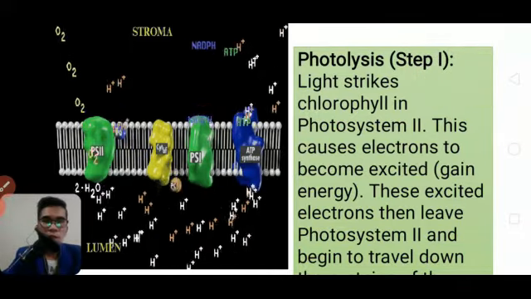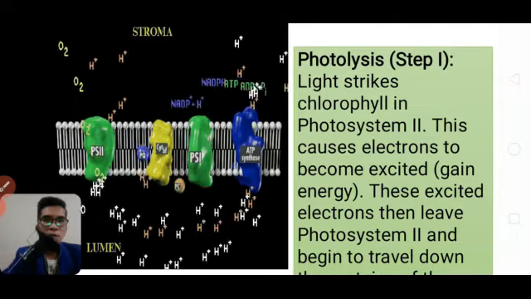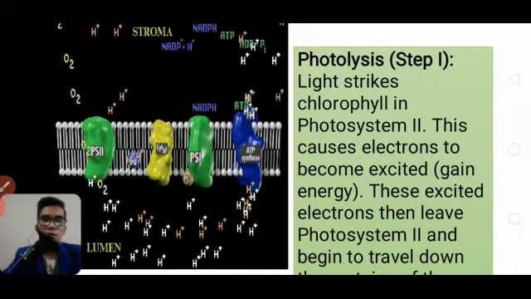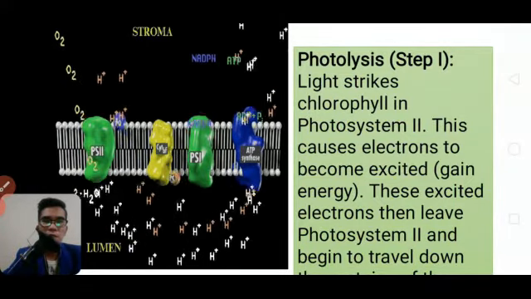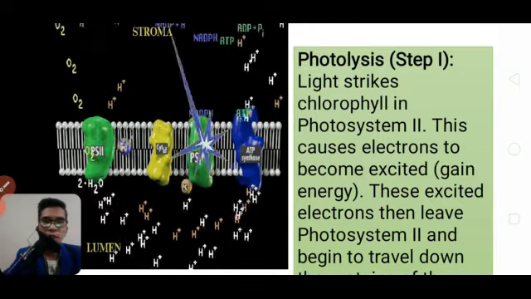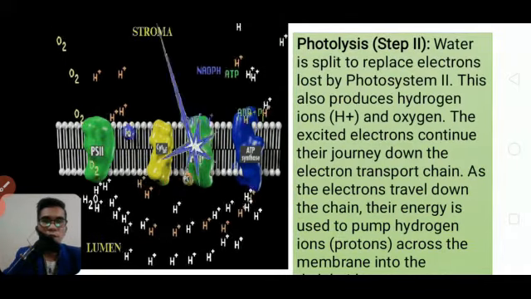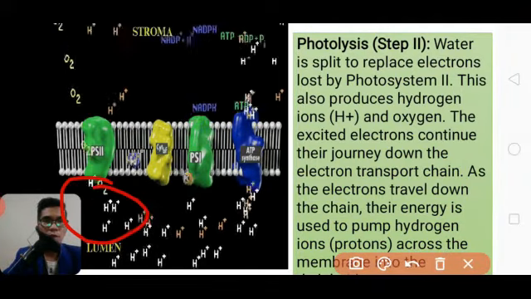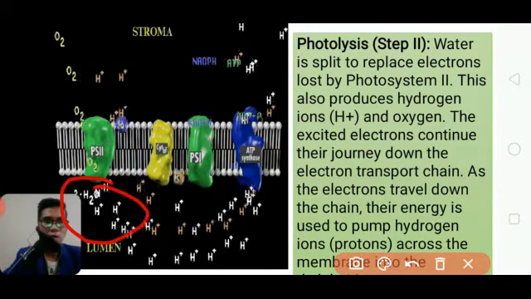In light-dependent reaction, photolysis step 1, the light strikes chlorophyll in photosystem II, and this causes electrons to become excited, meaning to say the gain of energy, and these excited electrons then leave photosystem II and begin to travel down the carrier protein. For step 2, as you can see, you have here the water, wherein the water is split to replace electrons lost by photosystem II, and this also produces hydrogen ions and oxygen.